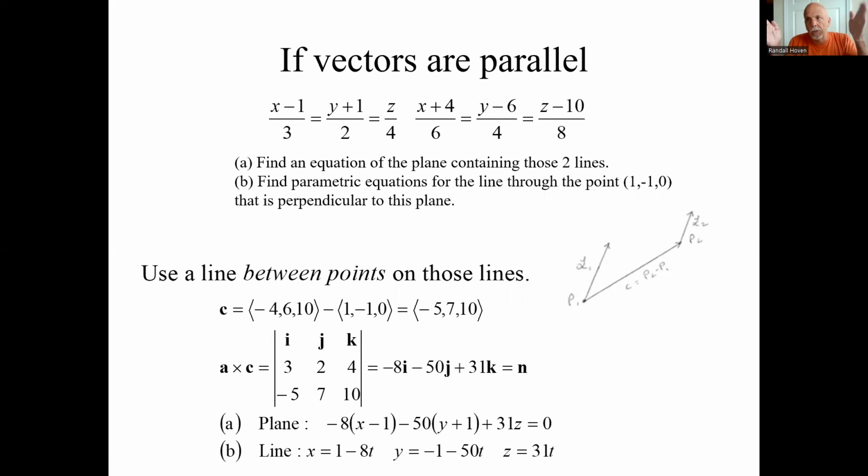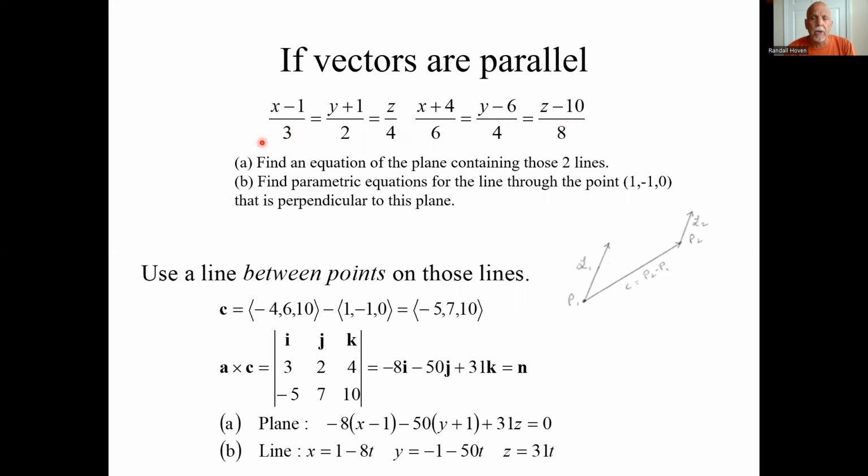What if the 2 vectors in the plane they give you are parallel? Well, let's say they say, okay, these 2 lines are in the plane. This is the equation of a line in symmetric form. This is the equation of the second line in symmetric form.